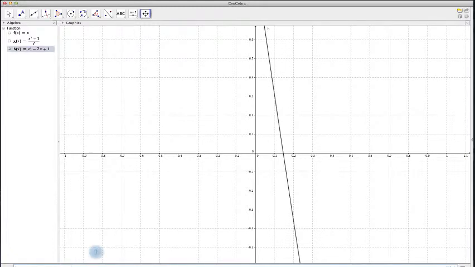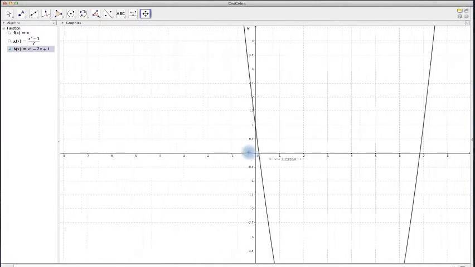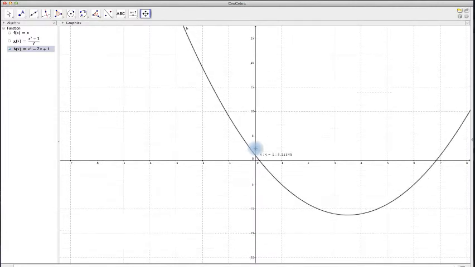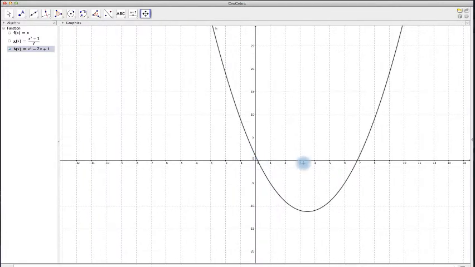Well, might need to zoom on out, I think. Okay, here we are zoomed out. So there are in fact 2 solutions, and you can see that one of them is the one we've already found here, which is going to be quite close to 0. And the other one here is going to be almost 7, but not quite.